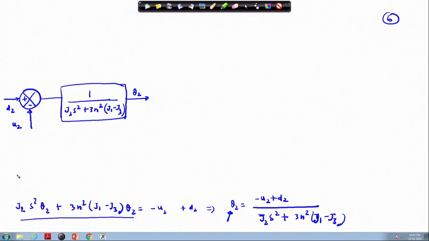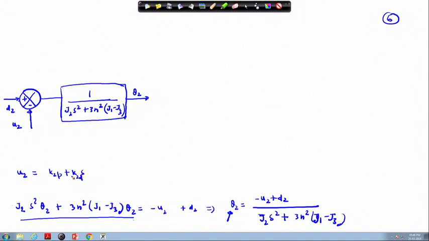Now, we can use a controller of the form: say we define u 2, which will actuate the system, as k 2 p plus k 2 d times s.